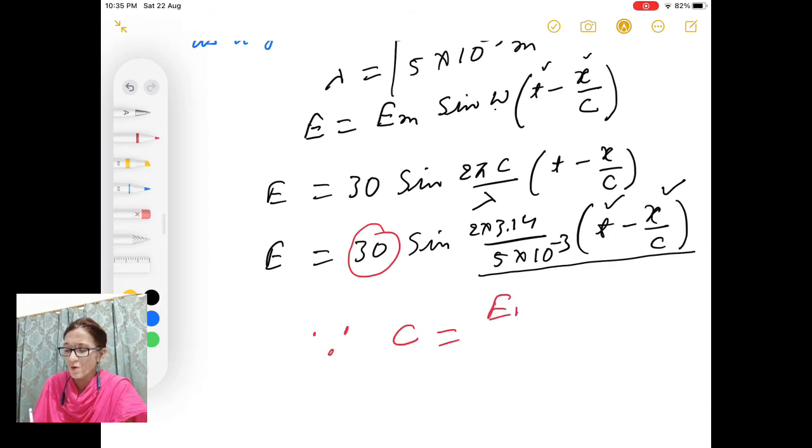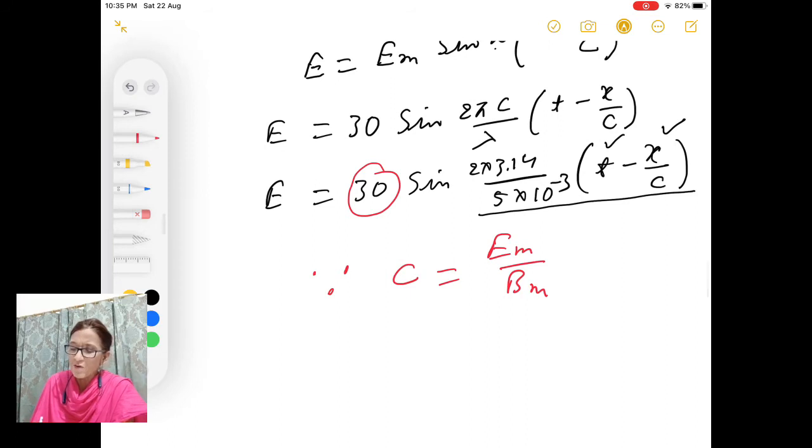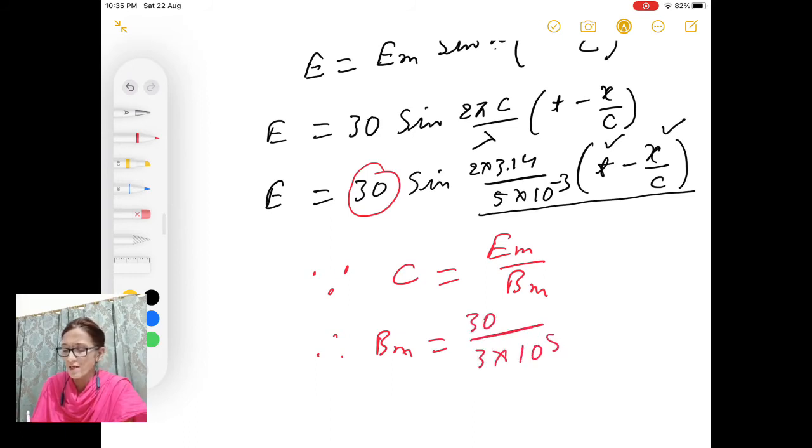C is equal to Em by Bm, the magnetic field amplitude. Therefore, Bm is equal to 30 upon 3 into 10 to power 8 Tesla. Magnetic field is written in terms of Tesla. And this comes equal to 10 to the power minus 7 Tesla.